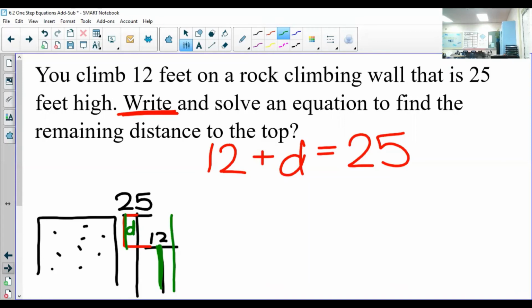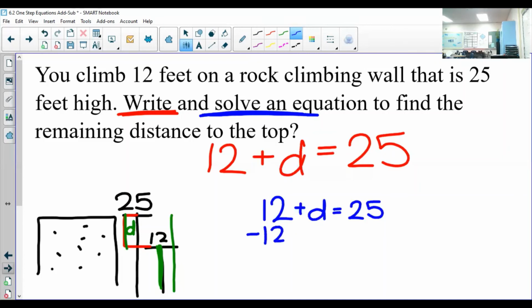Oh, wait, no, we're not. Don't forget, we have to solve. Never forget, okay? Read the whole question. So they want us to solve. What is that distance? Well, we just have to do an equation. So we have 12 plus D equals 25. So we have a plus 12, so let's do minus 12 on both sides.